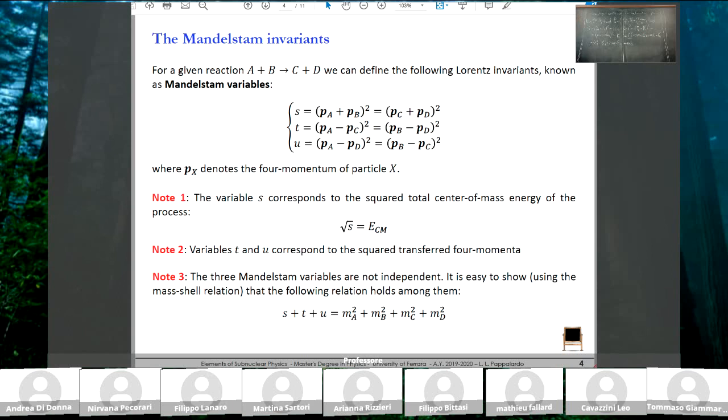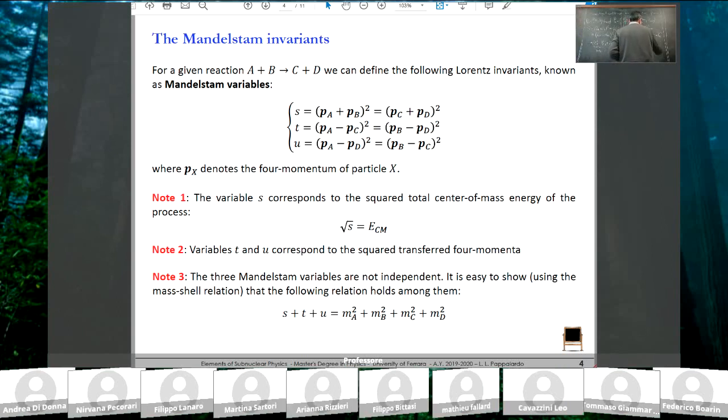Okay, but now this definition is nothing less than the square of the mass of particle A. Just invert the energy momentum mass relation. So what you get here is mA squared plus mB squared plus twice the energy of particle A times the mass of particle B. Let me write down this here because this is quite an important relation.